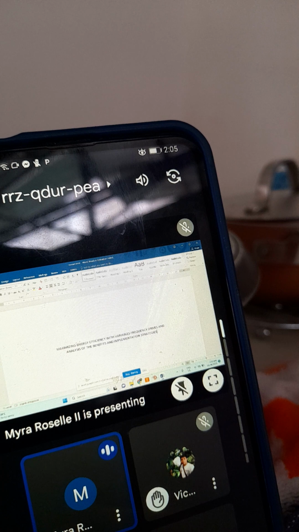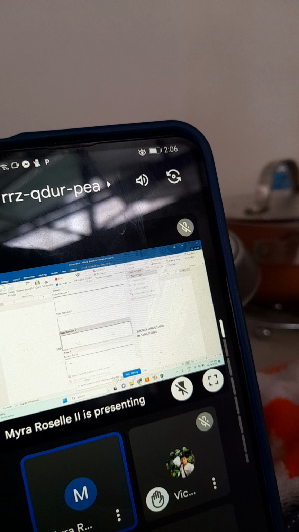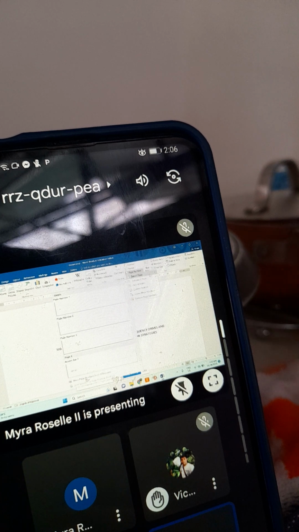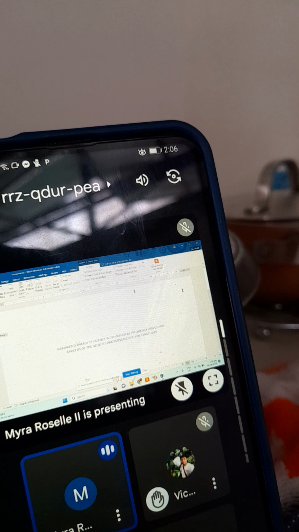So where were we? Back to insert. Top, plain number 3, then page number, format.